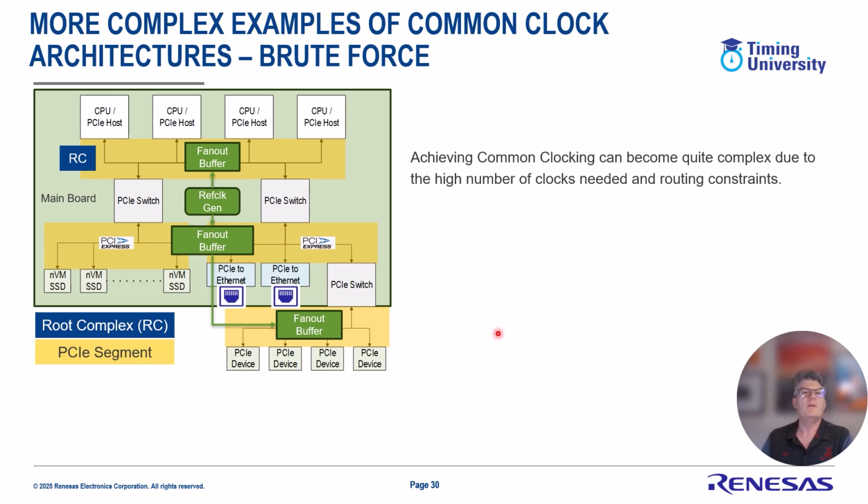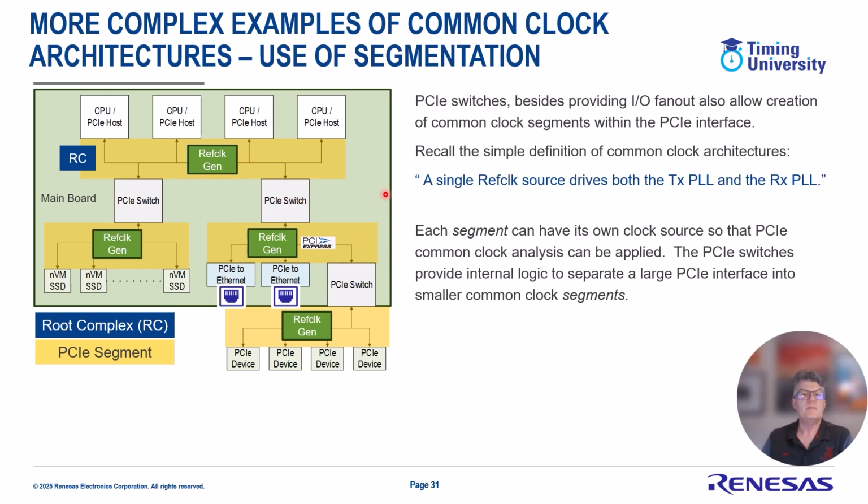However, what you can do with PCI switches, some switches, and you should look at your switch vendor, is you can break this big PCI interface into these segments, and then each segment can be clocked in a common clocked manner. In other words, the transmitter receivers up here are all clocked from the same source. And then the switch has the ability to allow a different domain.